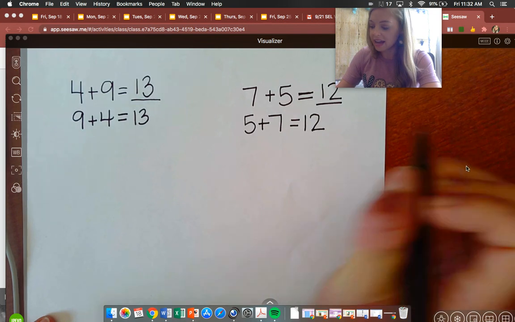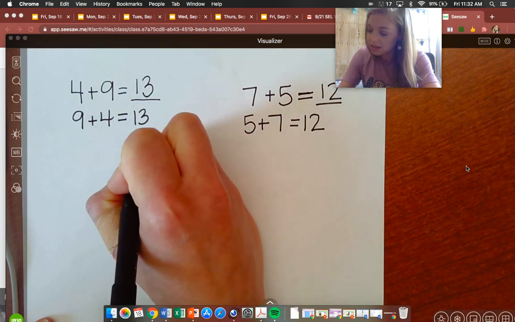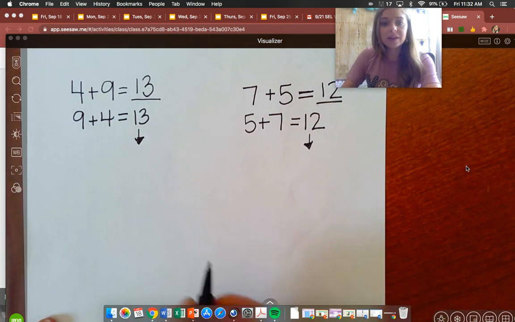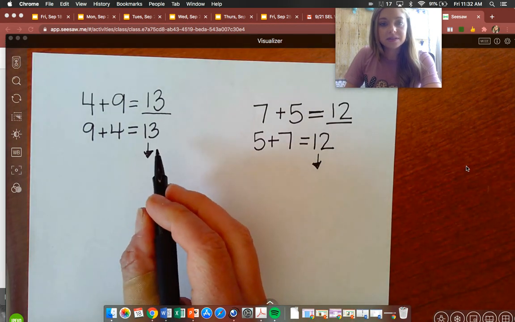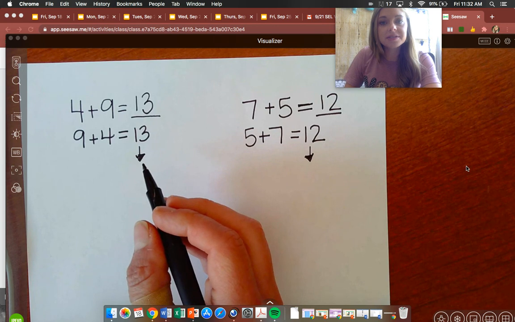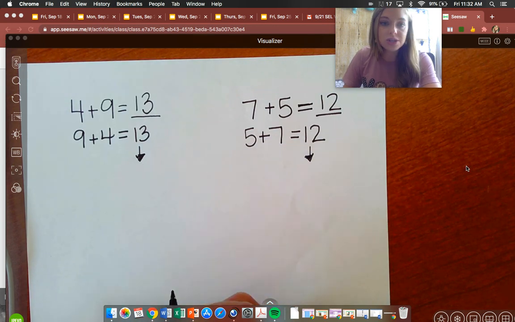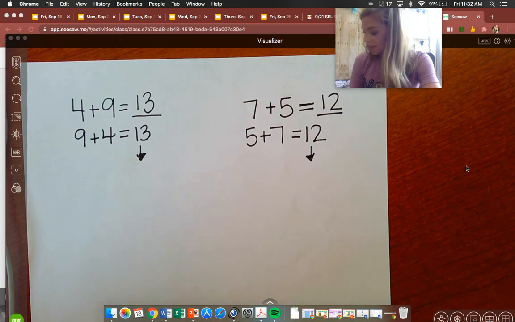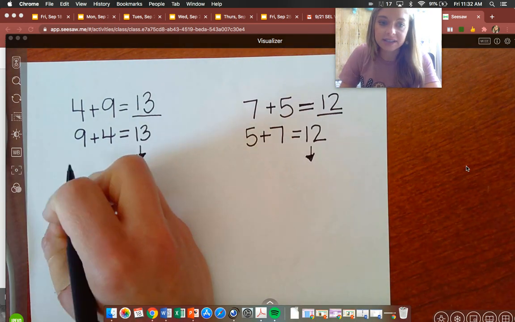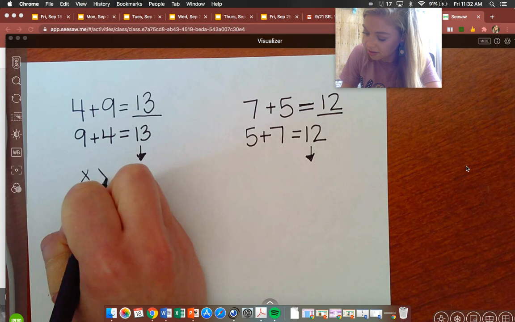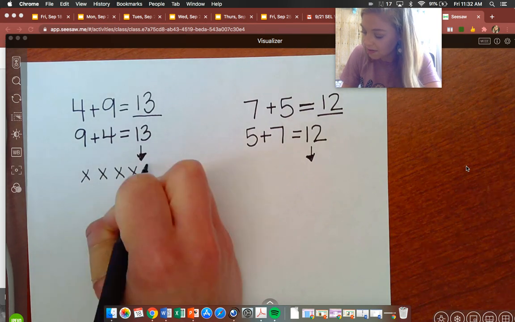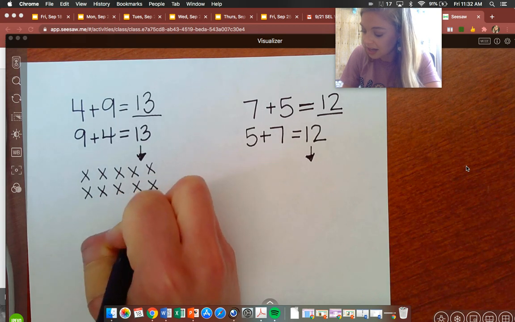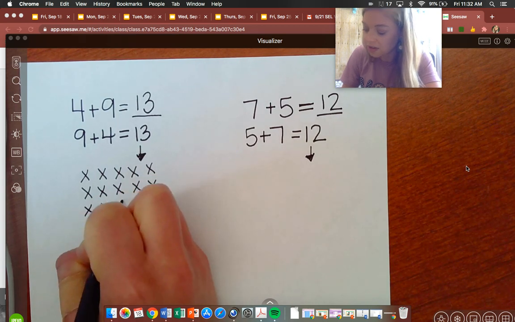Now let's decide if the number 13 and if the number 12 is even or odd. Well, the number 13. Now, remember that even numbers can equally be paired up into twos. So if I'm not sure if 13 is an even number or if it's an odd number, I can draw 13 X's. 1, 2, 3, 4, 5, 6, 7, 8, 9, 10, 11, 12, 13.